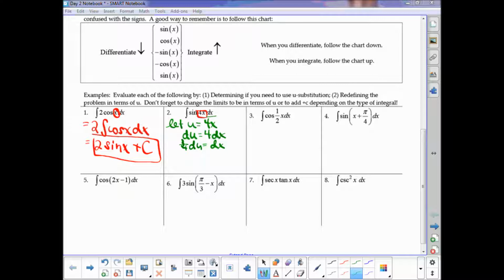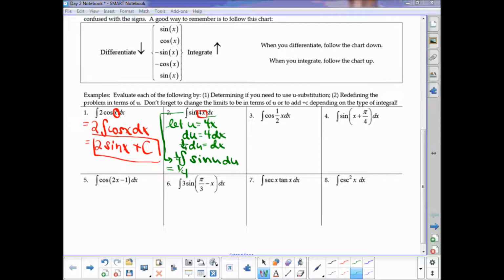Alright, so when I go ahead and rewrite this in terms of u, then I'm going to have the integral. So instead of sine of 4x, I'm going to have sine of u. And then 1/4 du, I'm going to go and pull that 1/4 out in front. And now we just integrate like normal. So I have, again, 1/4. And what's the antiderivative of sine? Negative cosine.